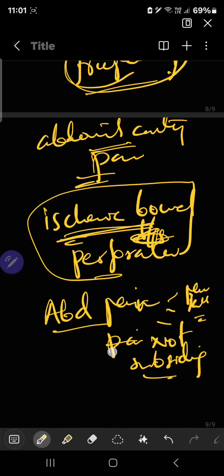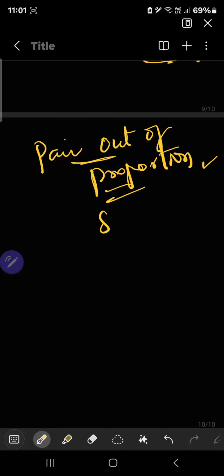So we call this pain out of proportion. The patient will be having severe pain. Sometimes they will be presenting with shock.